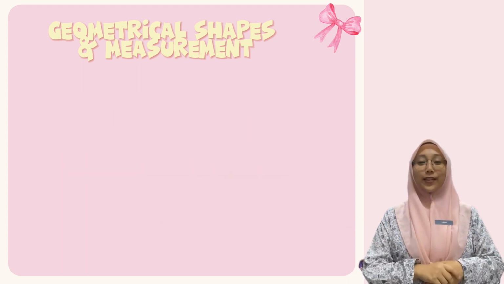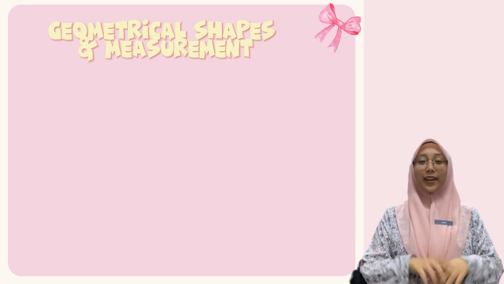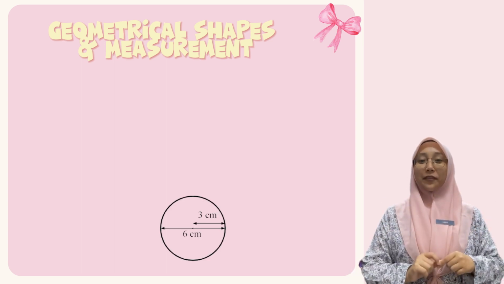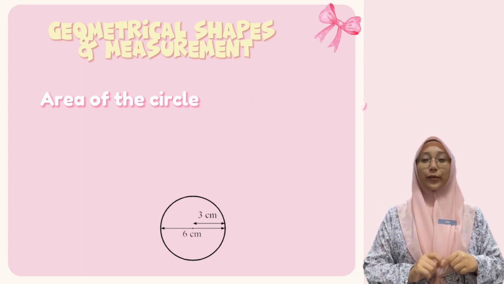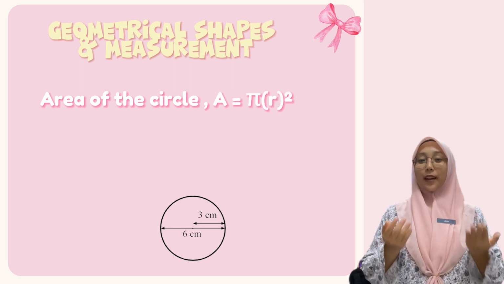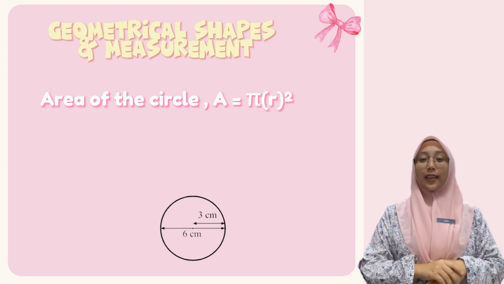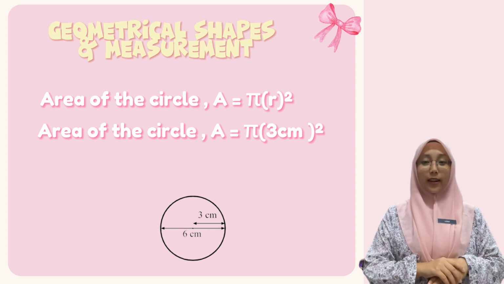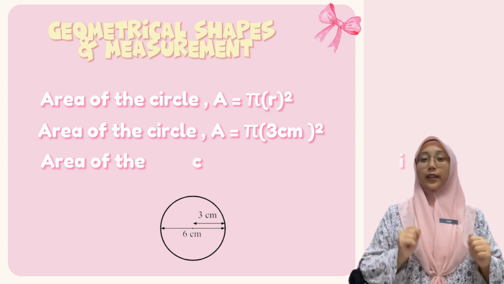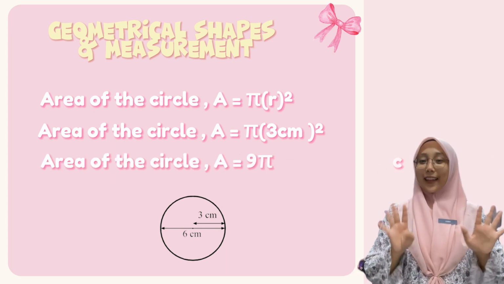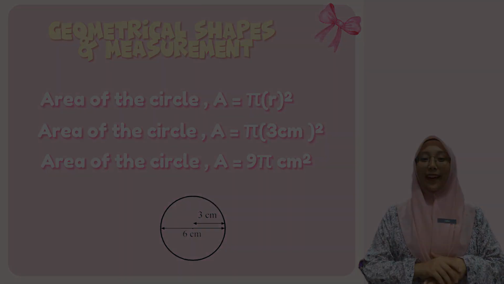Besides that, we can also measure the area of the circle, which is given by area A equal to pi times r squared. And the final answer for the area of the circle for the door is 9 pi cm square.